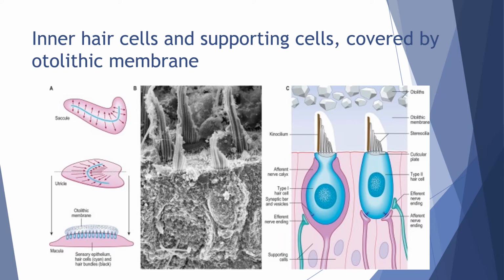These have stereocilia, one of which is called the kinocilium, and from here there are efferent nerve endings which are going to form the vestibular nerve. These cilia move in a membrane called the otolithic membrane, which will generate the impulses which are carried through the vestibular nerve for the balance.